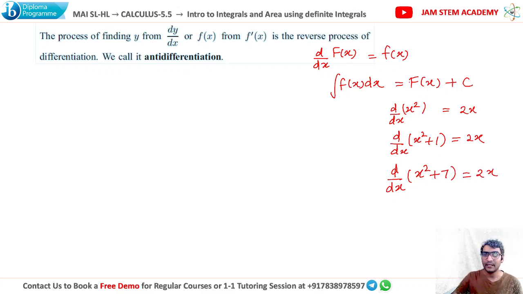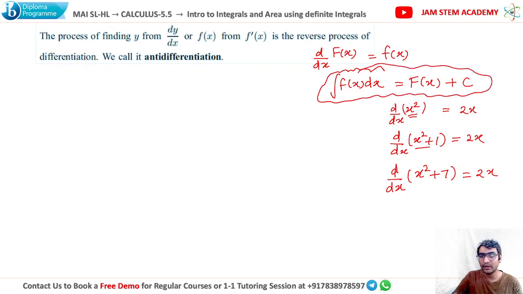So that's why in case of integral, you are not sure whether your answer is x squared or x squared plus 1 or x squared plus 7. So simply you can say if you have to integrate 2x, your answer will be x squared plus some constant. C is the constant of integration.